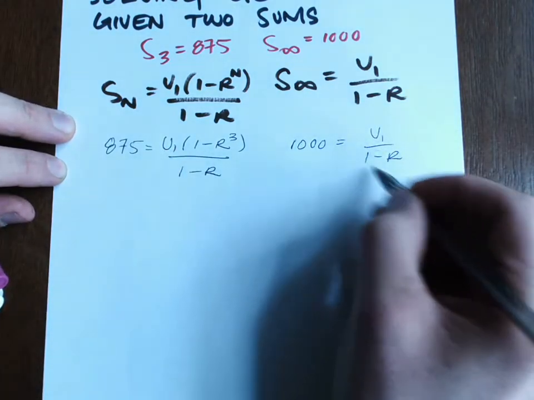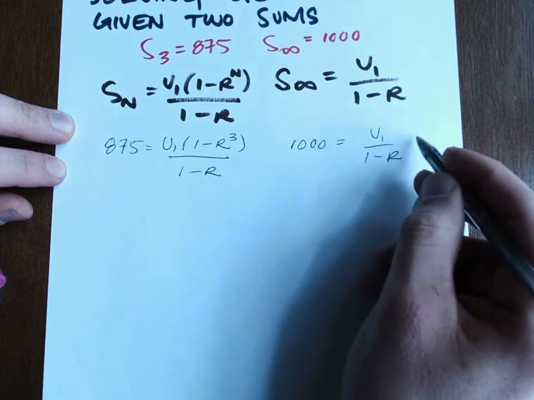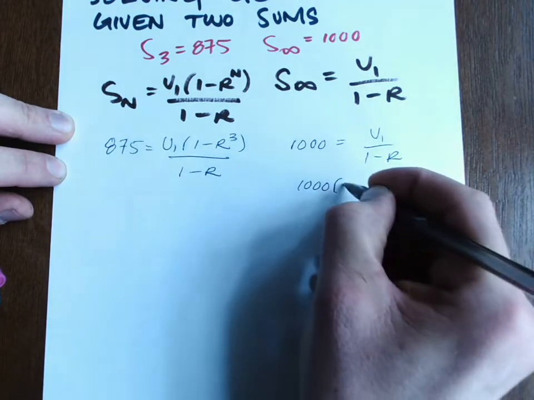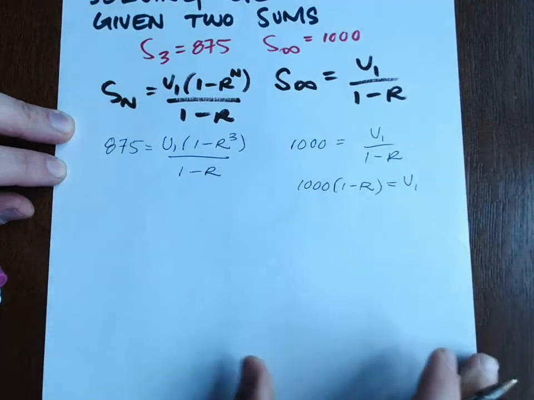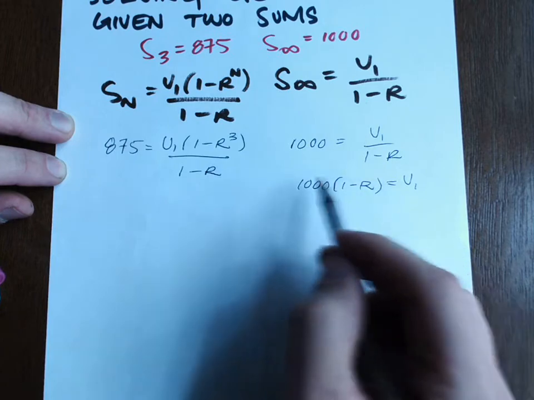Now, I don't like the fraction nature of this, and so I'm going to multiply both sides by 1 minus r and get 1,000 times 1 minus r equals u1. And I'm going to resist the urge to distribute that, and you'll see why in a moment.